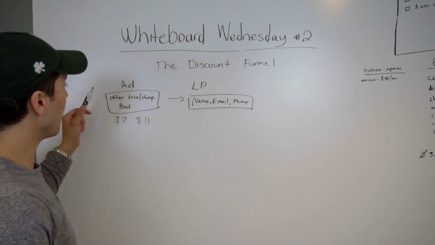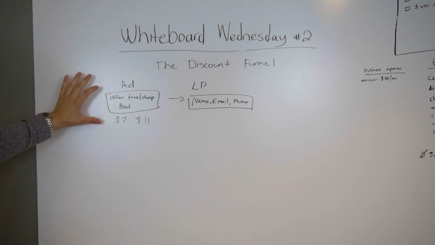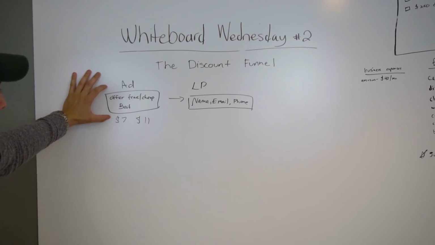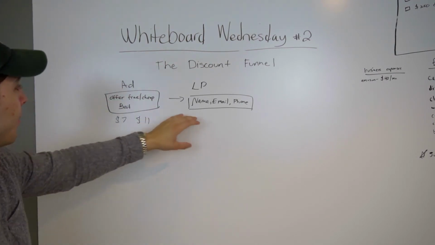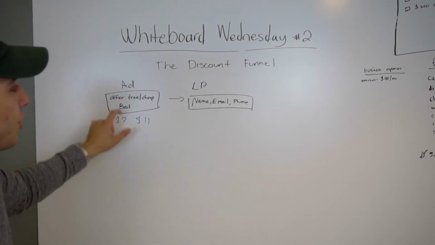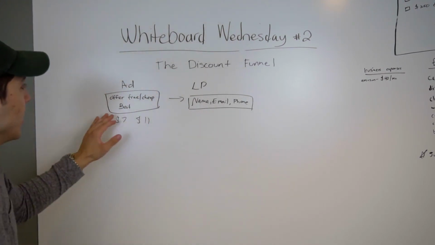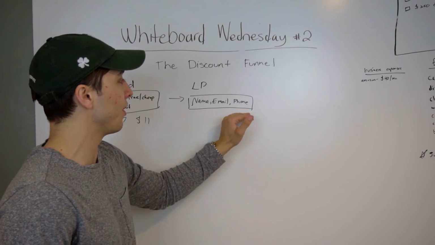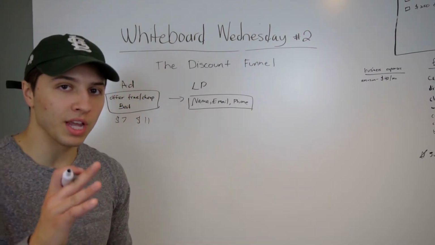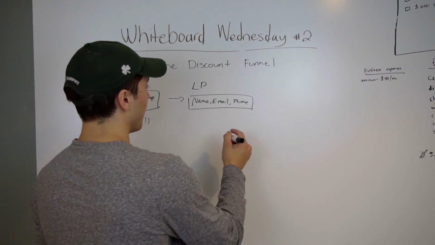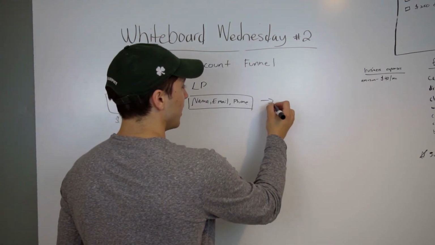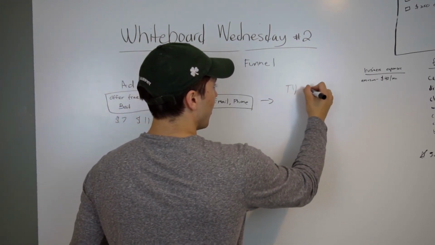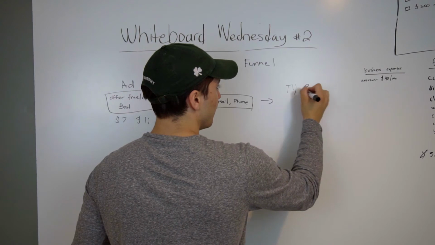So what they've done here is they've seen the ad, they've seen the bait, the offer. Let's say it's a gym, you're offering a free 2-week trial for the gym. They click it, and here they land on the page where they're going to input their name, email, and phone number. After they input that and hit the submit button, it's going to lead them to the thank you page.